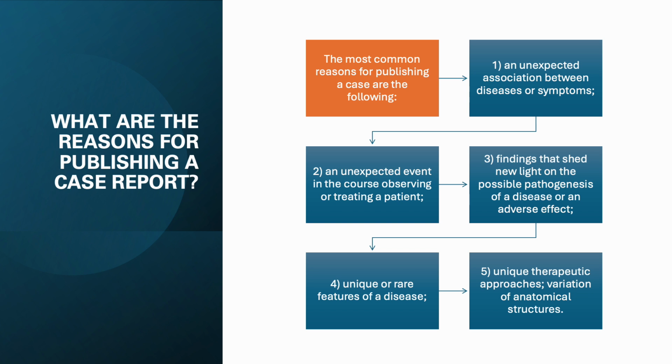Third, findings that shed new light on the possible pathogenesis of a disease or an adverse effect. Fourth, if there are unique or rare features of a disease, you can report it. Fifth, unique therapeutic approaches or variation of anatomical structure. These are the reasons to report a case.